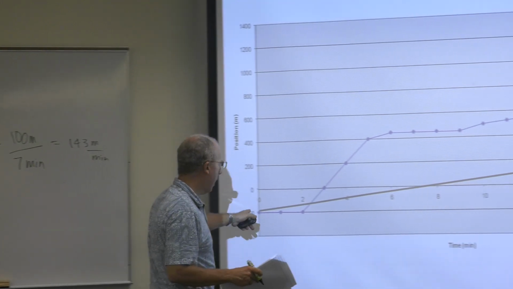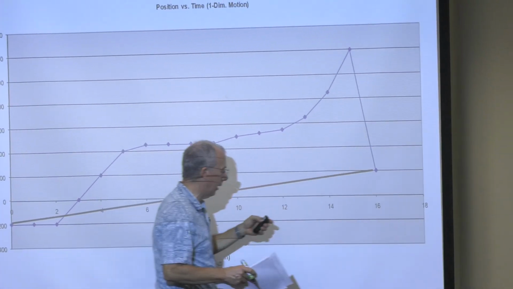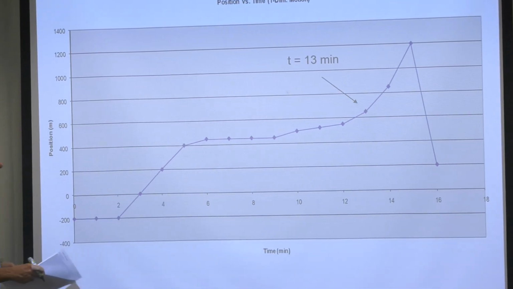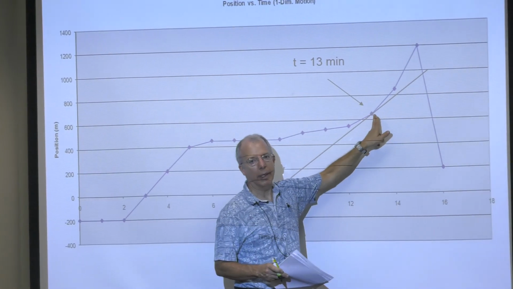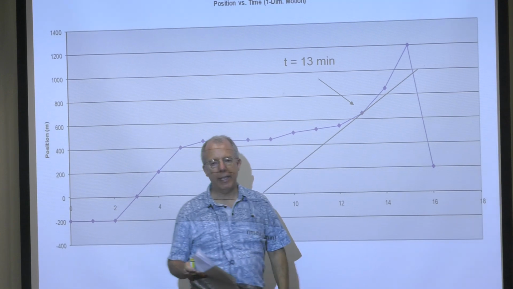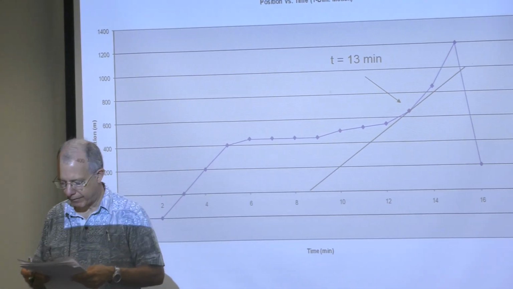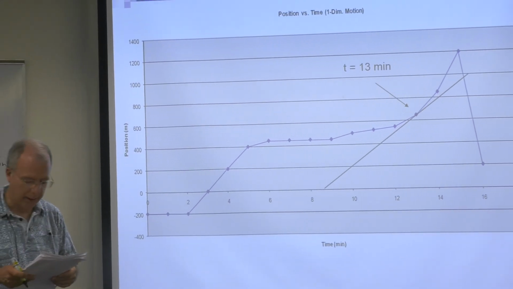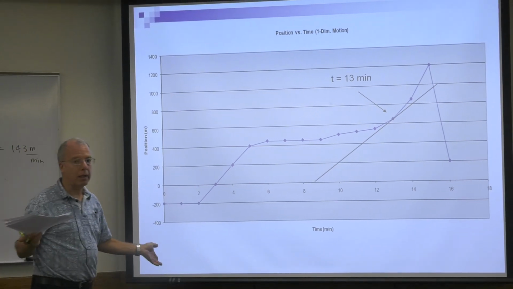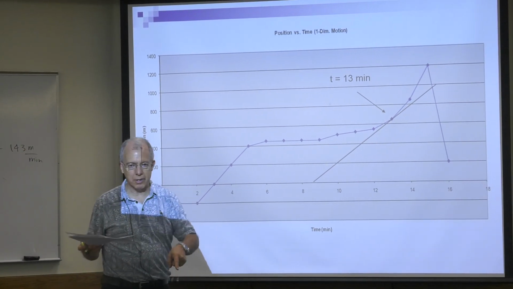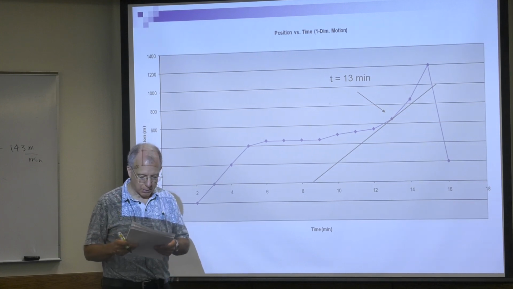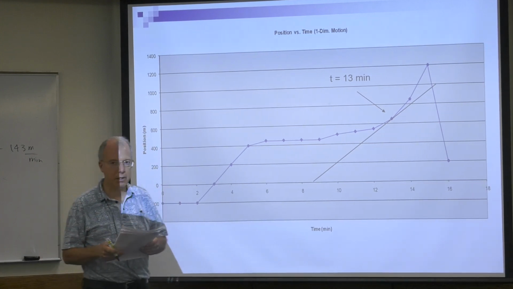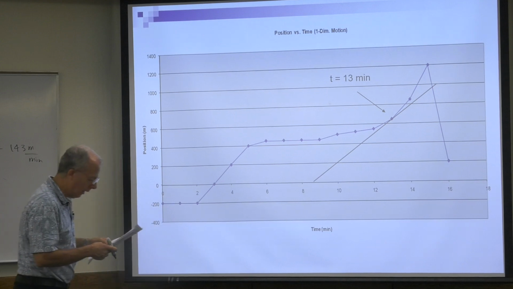the slope of this line, that was the average velocity. So what is the velocity at a particular point? Well, that's called the instantaneous velocity. So from now on, whenever I use the word velocity, I always mean instantaneous velocity.